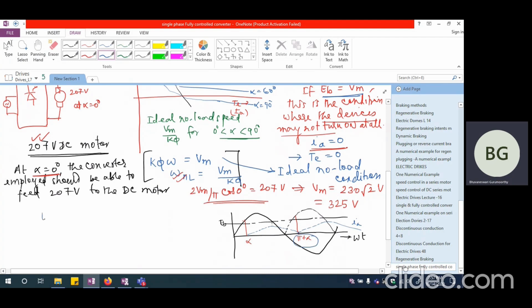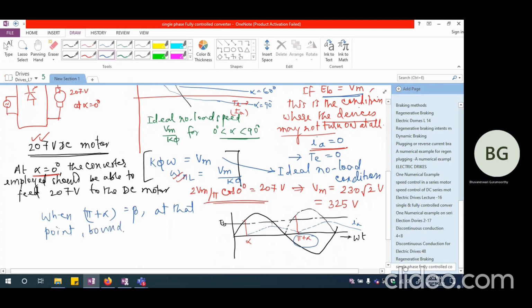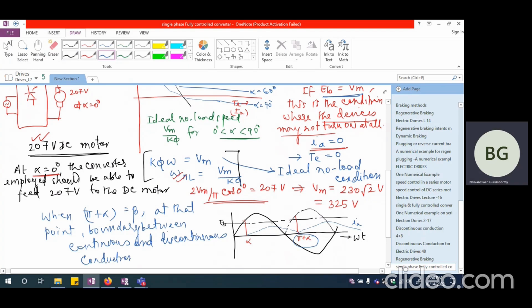So when pi plus alpha equal to beta, at that point the boundary between continuous and discontinuous conduction happens.